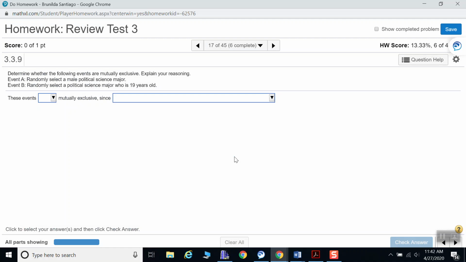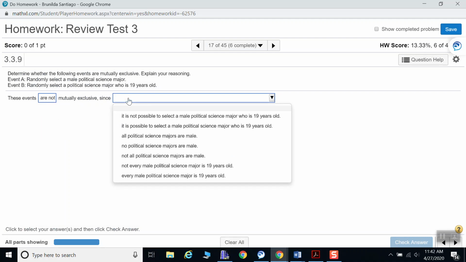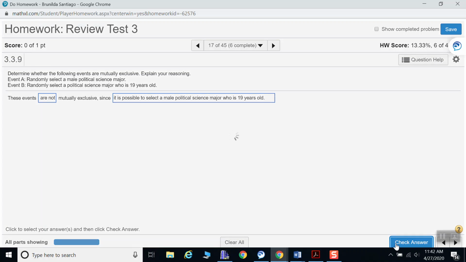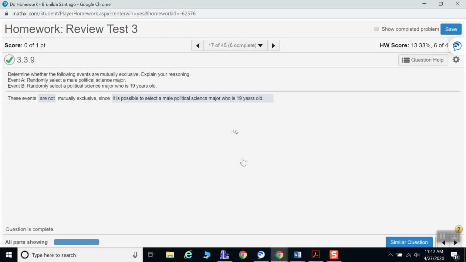These two events are not mutually exclusive because you can find a male political science major that is 19 years old. So this one will be not mutually exclusive, since it is possible to select a male political science major who is 19 years old. And again, this one was a drop-down menu.